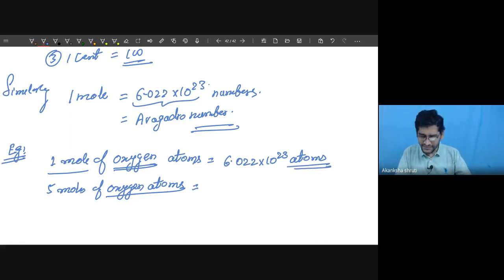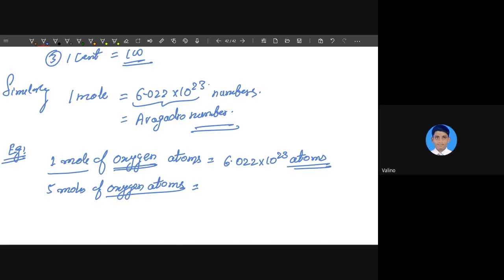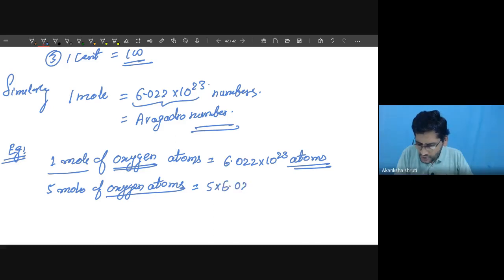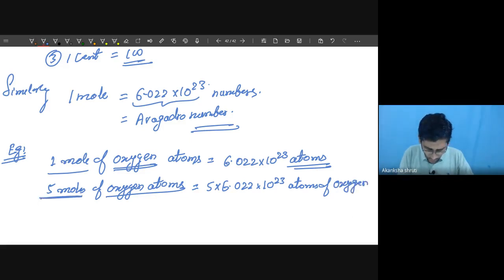So how much atoms will be there in number? 5 into 6.022 into 10 to the power 23 atoms, just multiplied by 5. Are you getting? So here the term mole can be replaced by a simple number. That is the one thing. So multiplying this, it becomes 3.011 into 10 to the power 24. Is it okay?